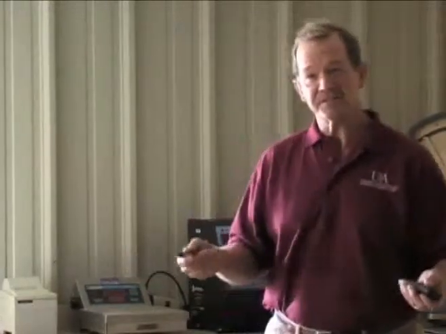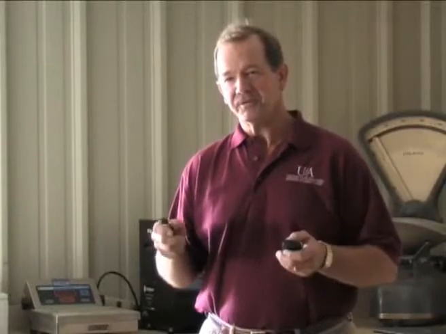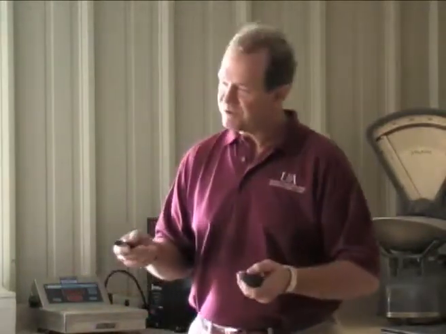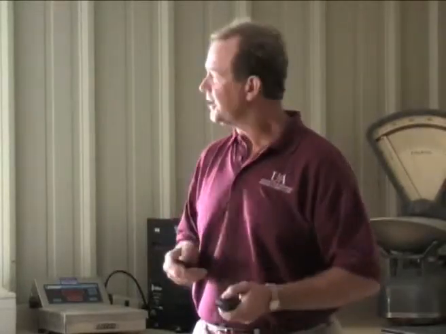And here's the hypothesis: if a kernel, during its kernel filling period, which we consider the R6 and R7 stages of reproductive growth, experiences high nighttime air temperatures or elevated temperatures, we think that there's a disruption in the process of turning glucose into starch, and a disruption in the process of packing the starch, and that's going to form a weaker kernel. Those kernels are often going to break during the milling process.